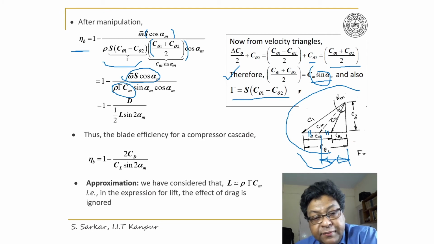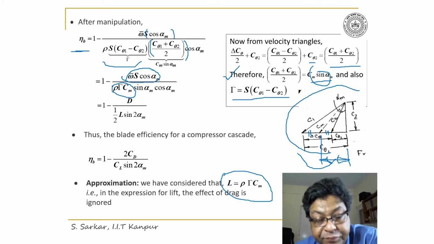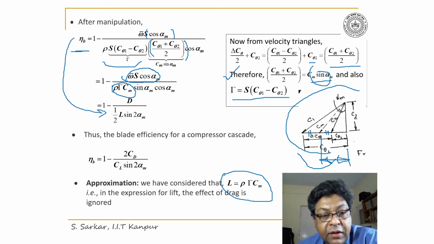So here I have made an approximation that in the expression of lift, I have neglected the effect of drag. So I have considered here lift is equal to rho gamma into Cm. Thus, eta b would be 1 minus d divided by half L into sine twice alpha m.